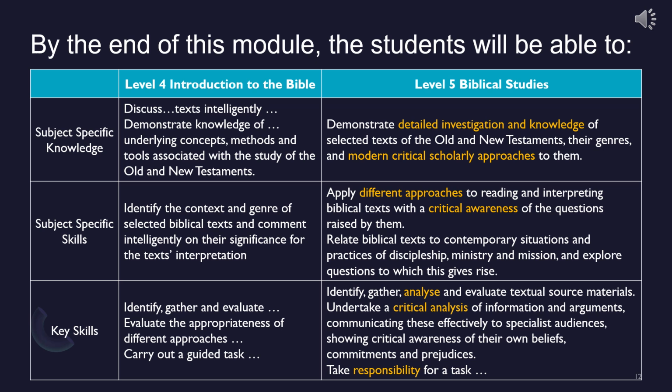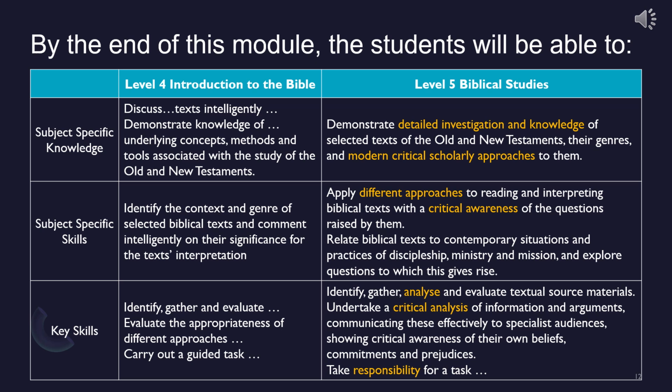I've put bits of the learning outcomes from these 2 modules onto this slide just to highlight some of the specific differences between them. I haven't put them all, you can look them up yourself if you want to see this in more detail.